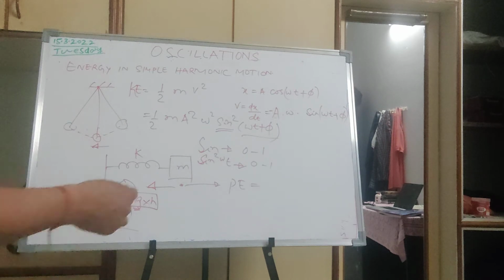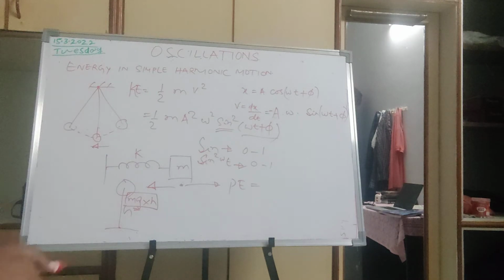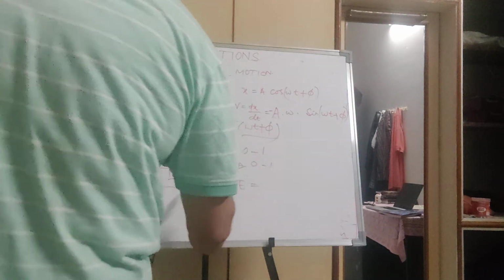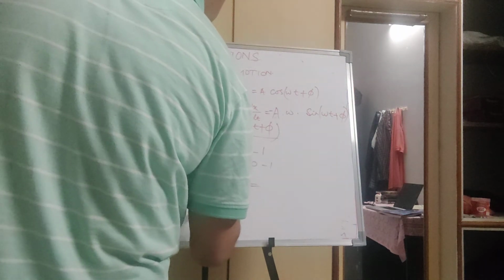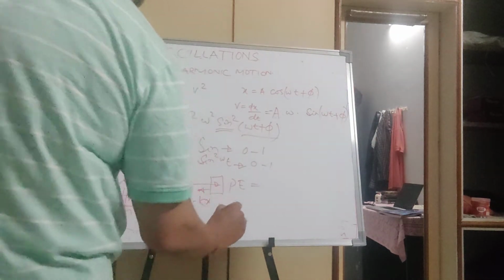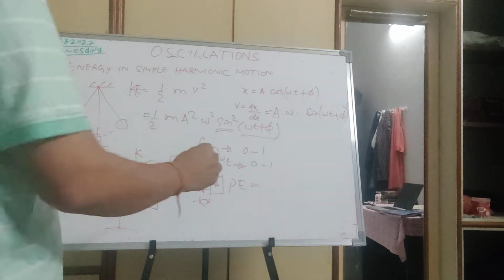Okay. So in this case, there is a restoring force acting on this mass. When the mass is moving like this, there is a restoring force of minus kx acting on it. That force into the displacement. Ideally it should be kx into x, but because the force is varying from minimum to maximum, it is not kx into x.